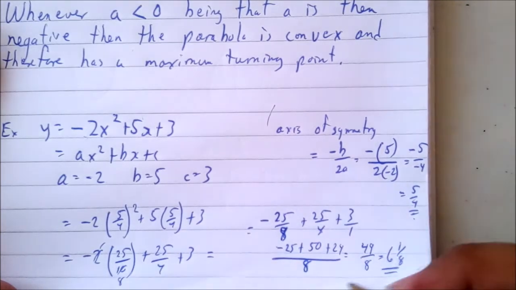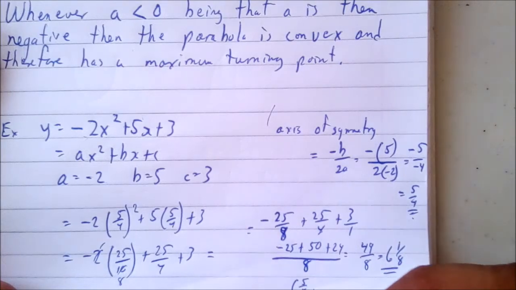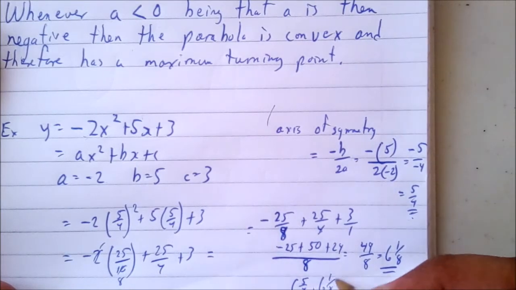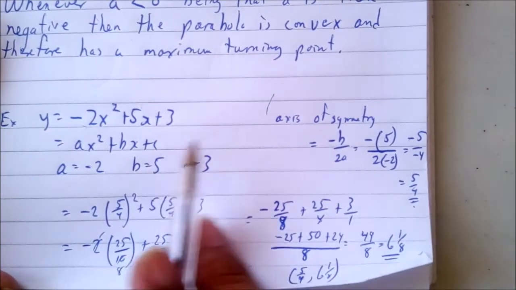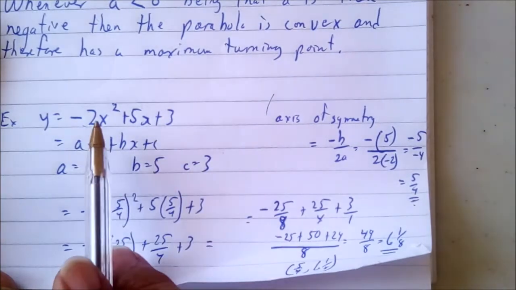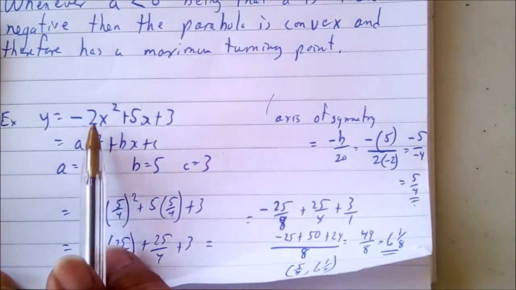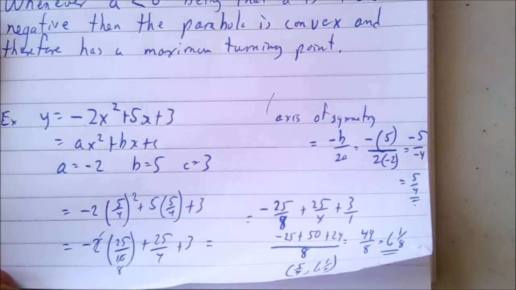So the turning point will be at 5 over 4 and 6 and 1/8. You may state it as a decimal or as a mixed number, but the primary thing is to determine if it's a maximum or minimum turning point. It's a maximum turning point if the value in front of the x squared is negative. Okay, that's the key point.